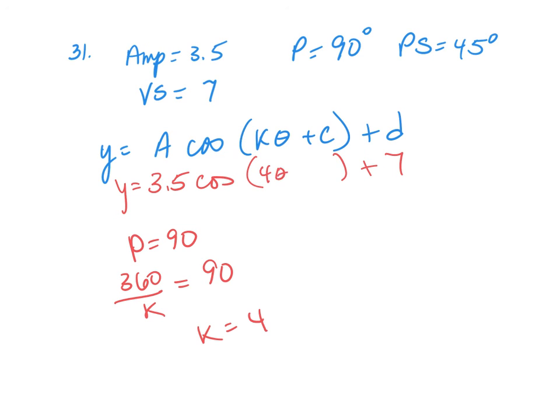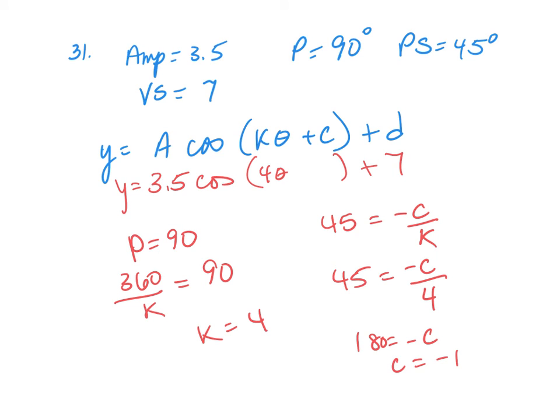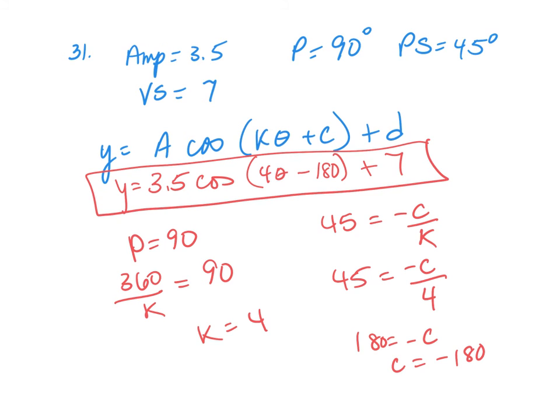So we know that's the K. And if the phase shift equals negative C over K, and we know that K is 4, 180 equals negative C, so C equals negative 180. So we put a negative 180 here. And that is your answer to number 30.